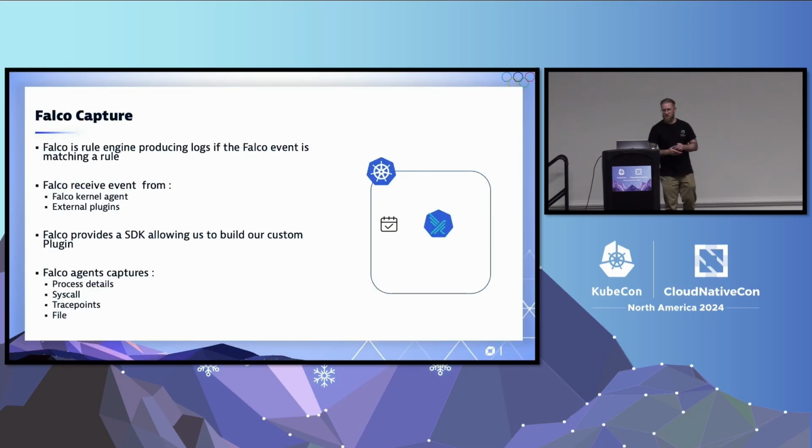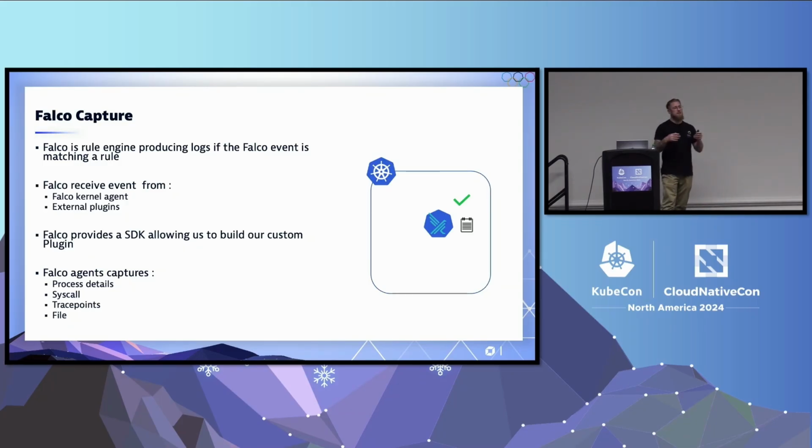Starting with Falco. So Falco here, to remind, is a rule-based engine. So the idea is that if an event comes into the rule-based engine and it matches, it says, okay, I'm going to throw a Falco event based on the rule.